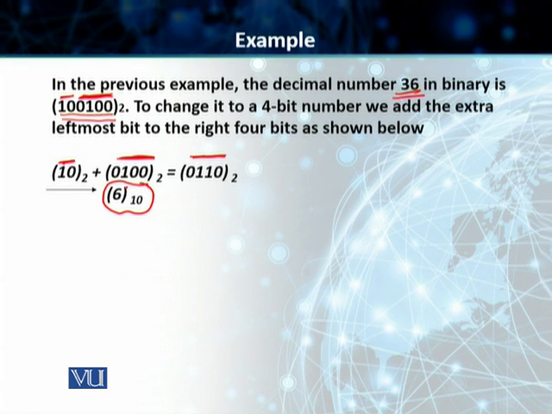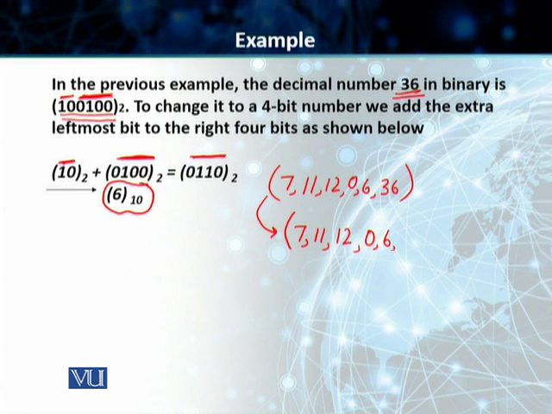So students, instead of sending the message plus checksum combination of 7, 11, 12, 0, 6 and 36, because we are using 4 bits, what we actually send is 7, 11, 12, 0, 6 and 6. Now our checksum is also in 4 bits because we needed to send it and we have changed it to a 4-bit number. So students, the receiver will add the first 5 numbers in 1's complement.